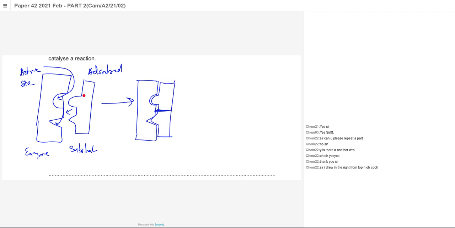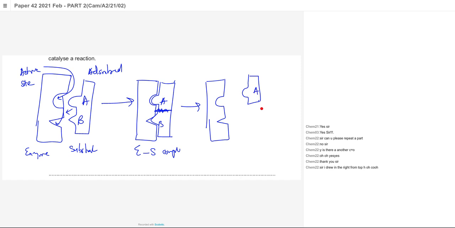So here what happens, you have, say, AB, and the bonds get weakened here. This is the enzyme-substrate complex, and then the product gets desorbed. Nothing happens to the enzyme. You get the products A and B desorbed. So first you draw this and then explain.